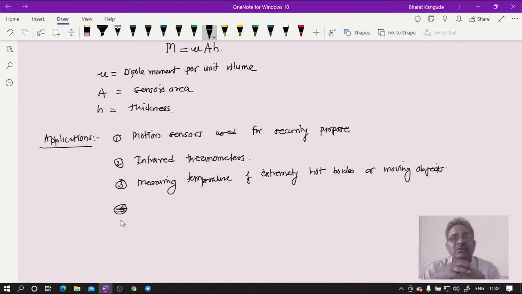Nowadays you might have seen there are several different types of security systems. As I said in the beginning, that is IoT, Internet of Things. Now there are several different types of sensors, and I can give one such example. Nowadays we are using traditional switches. That means once the switch is made on, it will remain in the on position unless and until it is made off by a person again.